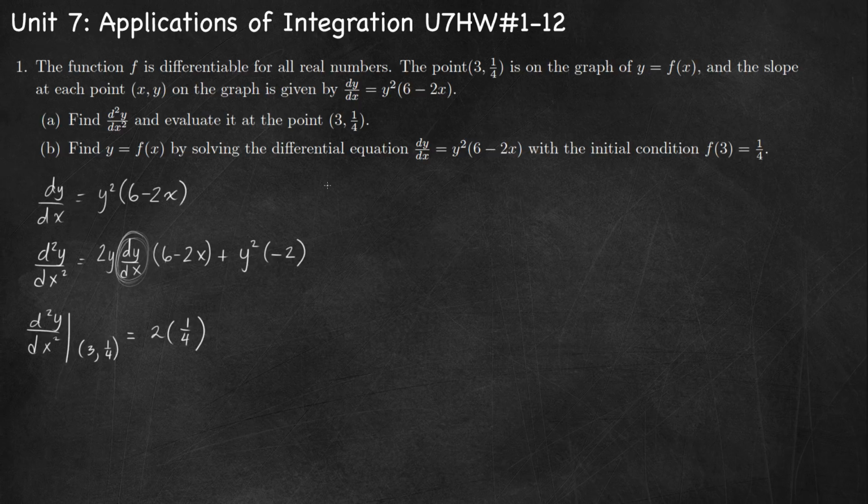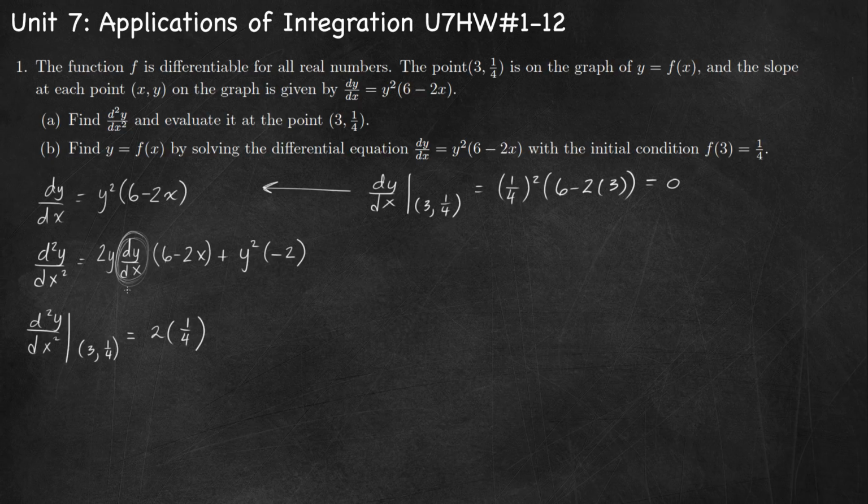So let's go back up here. dy/dx at (3, 1/4) equals y squared, so 1/4 squared, times 6 minus 2 times 3. 2 times 3 is 6, 6 minus 6 is 0, 0 times 1 over 16 is 0. So the derivative at this point is 0.